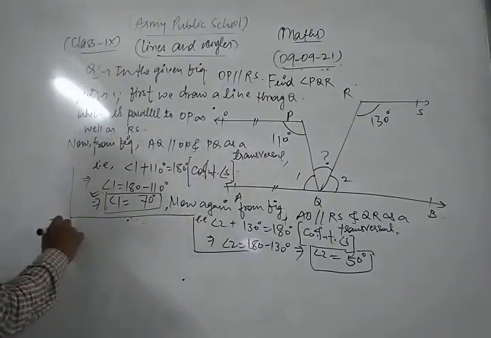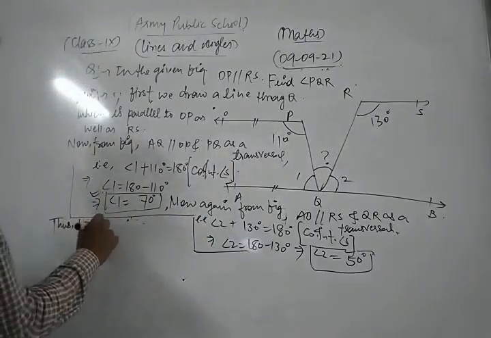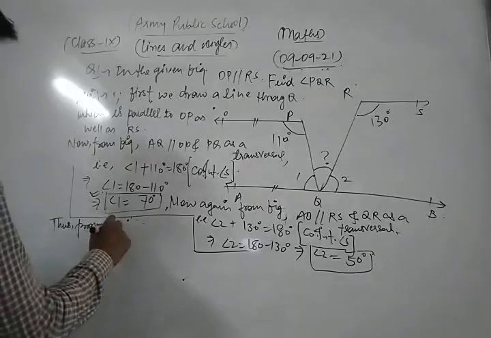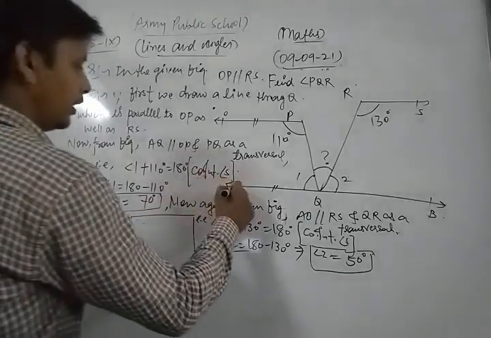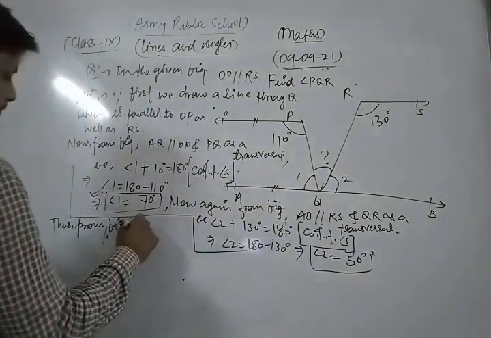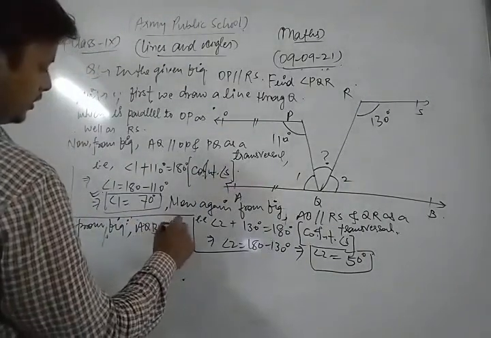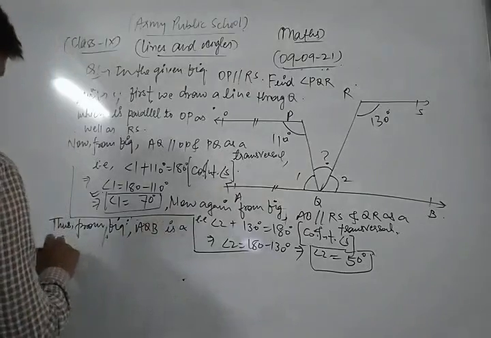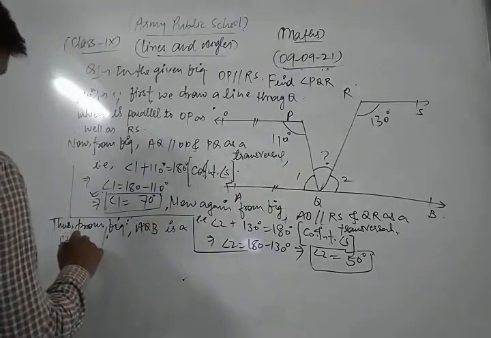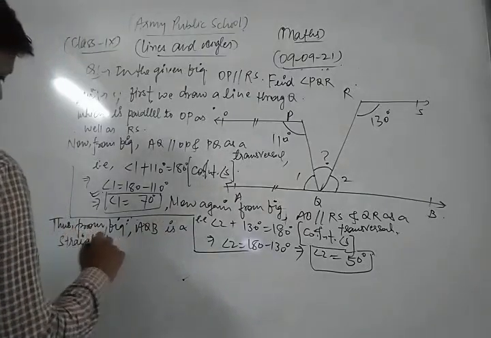Thus from the figure, AQB is a straight line.